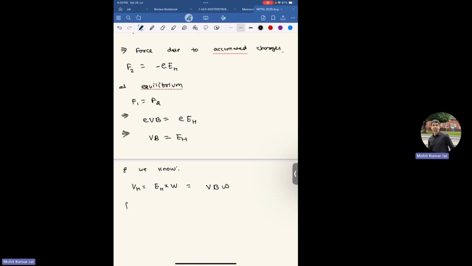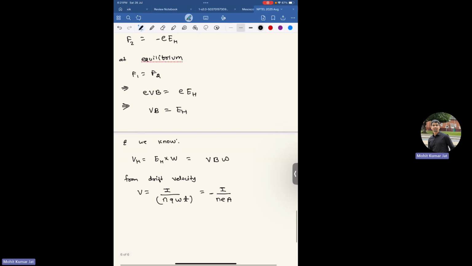And we know from the drift velocity equation, V is nothing but I by N Q width and area. Basically I by N Q A, right? I is equal to minus N E A VD. So V will be this.